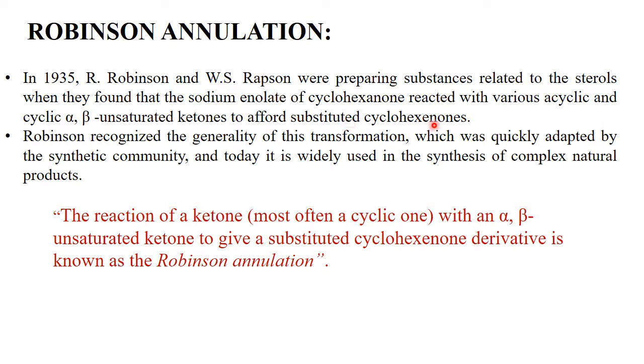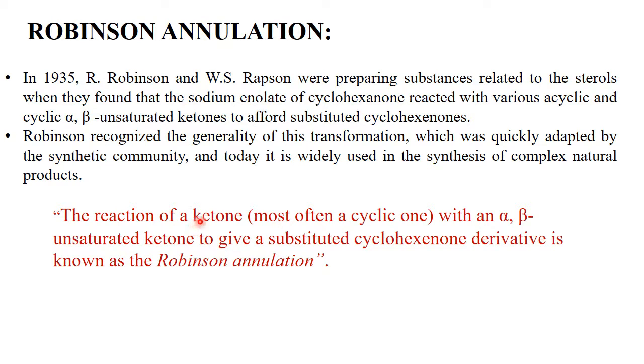R. Robinson and W. S. Rapson were preparing sterol type systems. During the preparation, they found that when the sodium enolate of cyclohexenone, a cyclic ketone, is treated with an acyclic or cyclic unsaturated ketone, they afford a substituted cyclohexenone system.